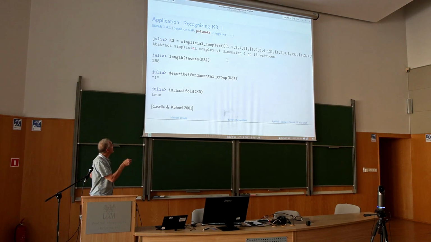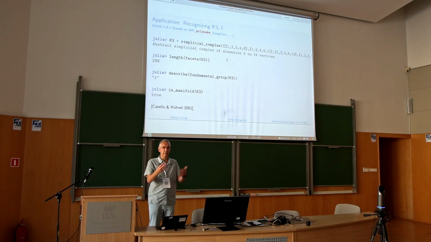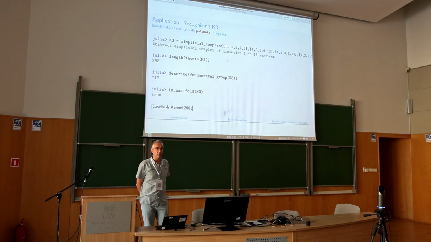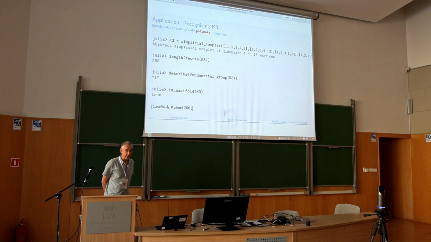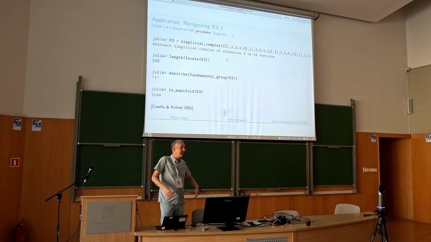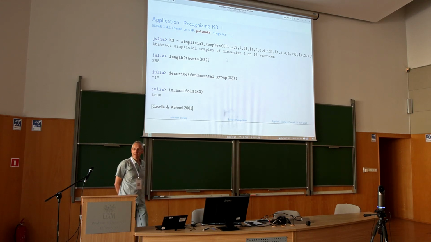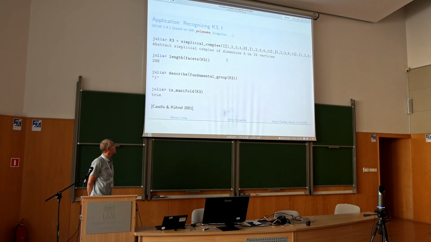And here, this is so easy, it just tells you right away, this is the trivial group. And then this is a certificate that the complex that you put in is simply connected. So this was the first step. It's already an illegal step, right? It's something undecidable in general. But if you're lucky, okay, you're lucky. Then you can work with it, and you get a certificate that this is a simply connected space.